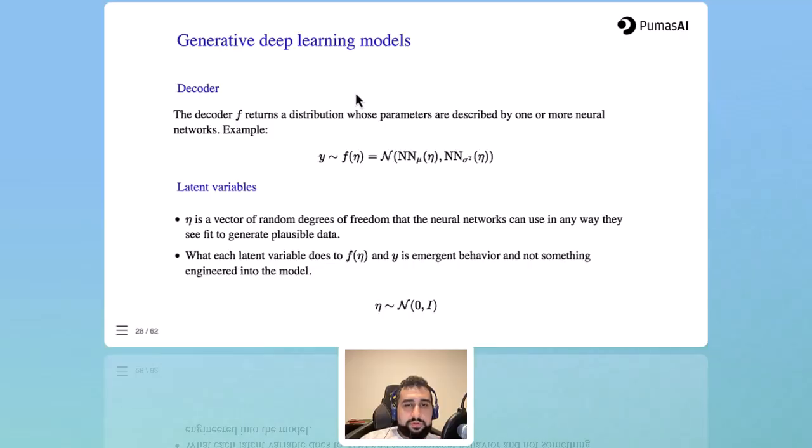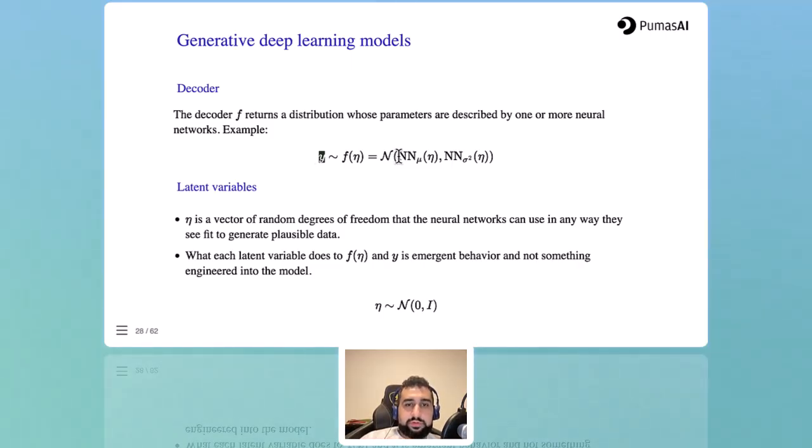Okay, so let's take a few more concrete examples than what we've seen so far of what a decoder looks like. Imagine we have this kind of decoder here, where eta is a standard multivariate Gaussian, sampled from some standard multivariate normal distribution of some dimension. You can fix the dimension to 3, 4, 5, whatever you want. Then let's imagine that we have a neural network that takes input eta and outputs a vector of, let's say, dimension 10, because y, the data that we care about generating or simulating, has dimension 10.